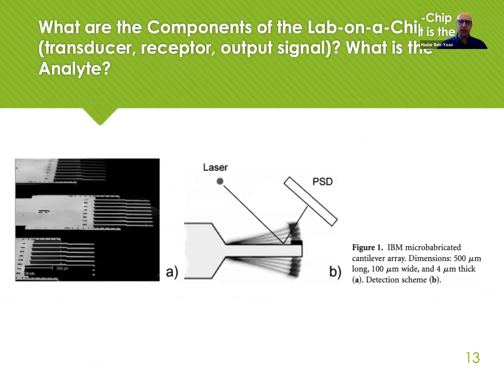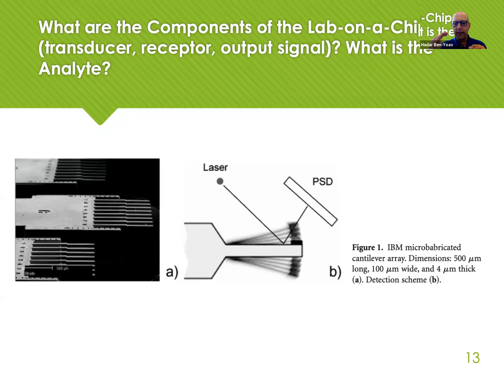What are the components of the lab on chip? What is the analyte? First, we always look at the extracted signal, and here the output signal is the resonance. The idea is that you have a cantilever that resonates at a specific frequency.